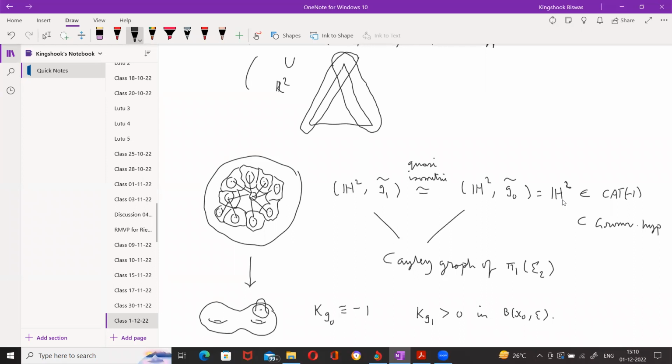And so even if you have positive curvature, at large scales, it is bi-Lipschitz to the Cayley graph, which is Gromov hyperbolic. And so these points of positive curvature, they don't matter in the large scale. So you can still have points of positive curvature and still be Gromov hyperbolic.